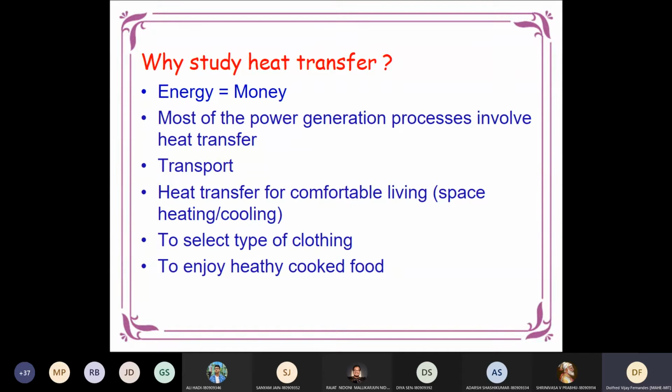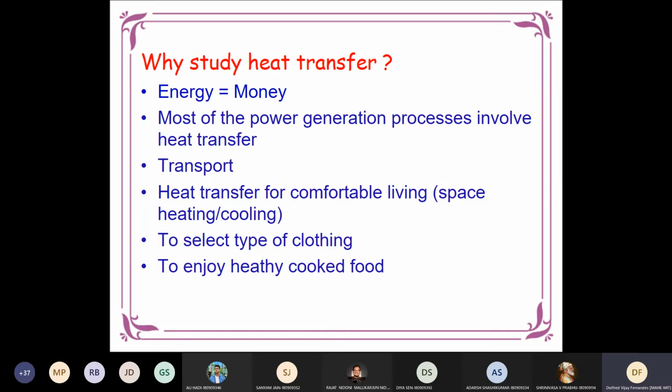So if you are using a room heater or anything, the energy has to be retained inside the house, inside your room. So exactly by designing the proper wall, insulating wall design, we can reduce the amount of heat energy transferred into the room, and we can reduce the amount of energy consumed for the air conditioner and all those.